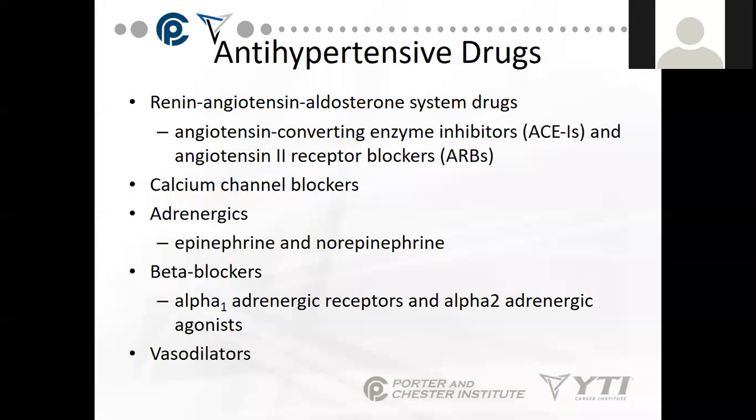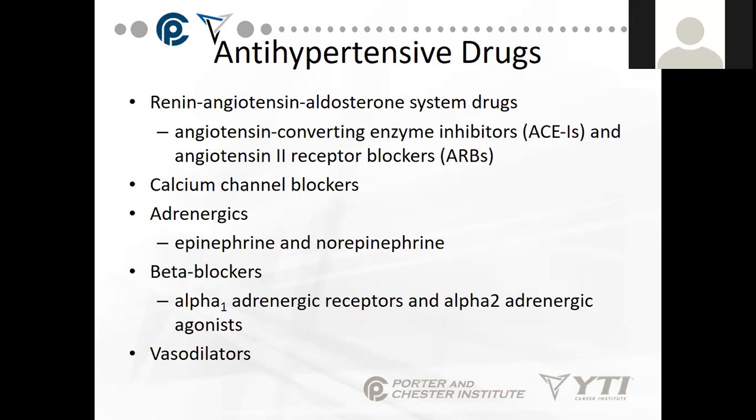Additional classes of drugs used in management of high blood pressure most commonly include beta blockers, alpha blockers, alpha agonists, combined alpha and beta blockers, and the vasodilators. So we're going to look at those different categories of drugs for the blood pressure.